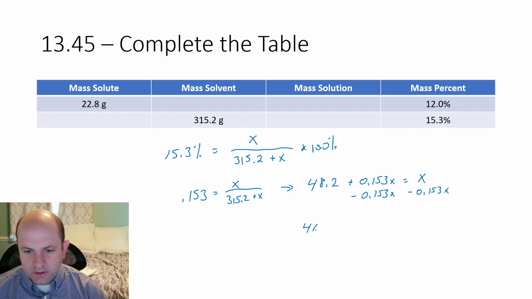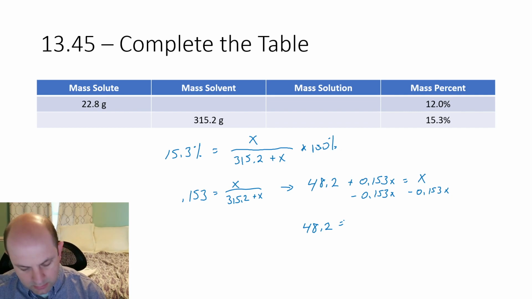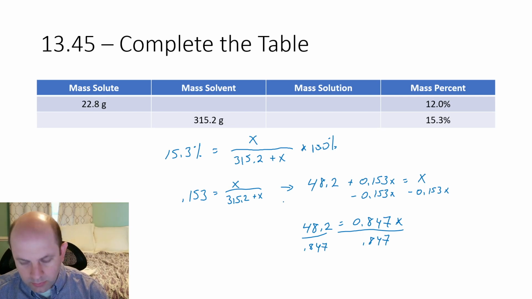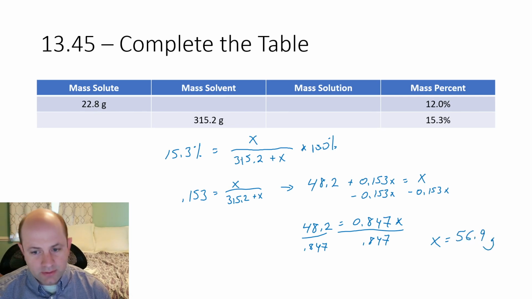And so we'll get 48.2 is equal to 0.847X. And then divide both sides by 0.847. So 48.2 divided by 0.847, we get that X is equal to 56.9 grams. So that would be the solute, right? X was our solute.